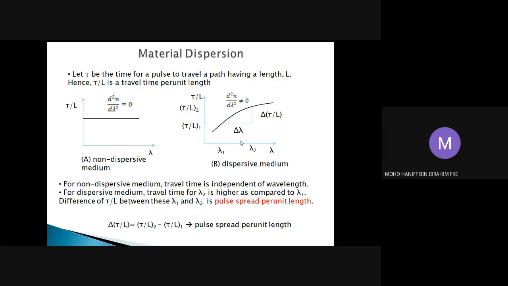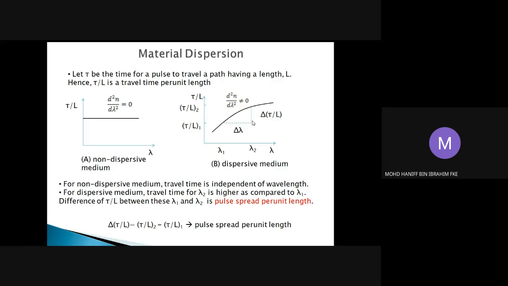So for this difference of lambda, which is denoted delta lambda, we get a difference of time travel. This difference of time travel is what we call pulse dispersion, or pulse spreading per unit length.